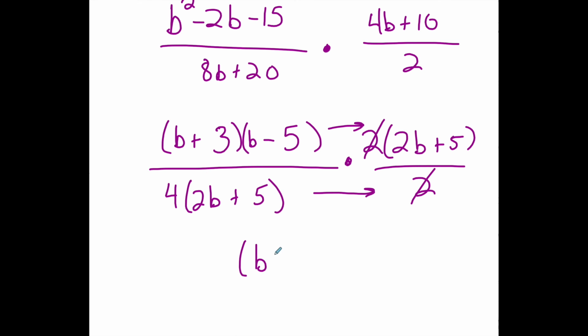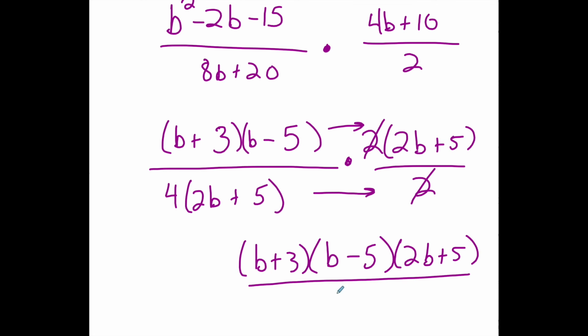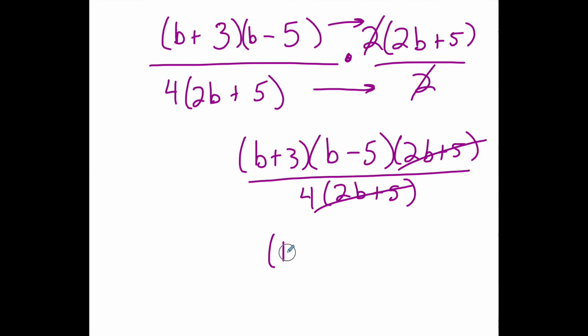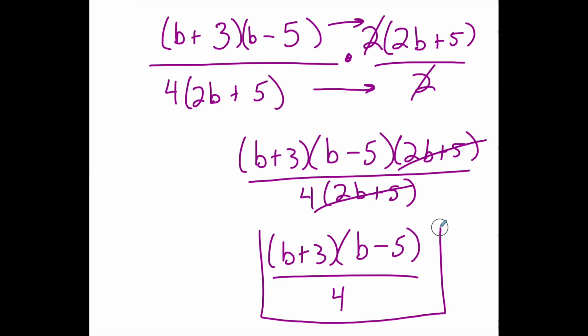So you get b plus 3, b minus 5, 2b plus 5 over 4, 2b plus 5. The 2b plus 5's cancel, and you get b plus 3 times b minus 5 all over 4. So again, b plus 3 times b minus 5 over 4.